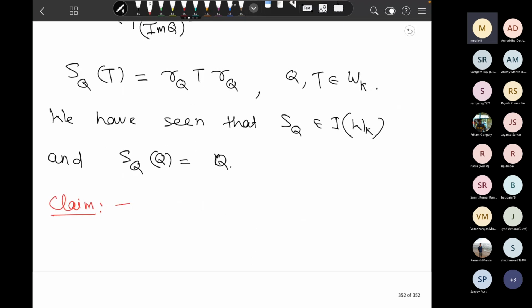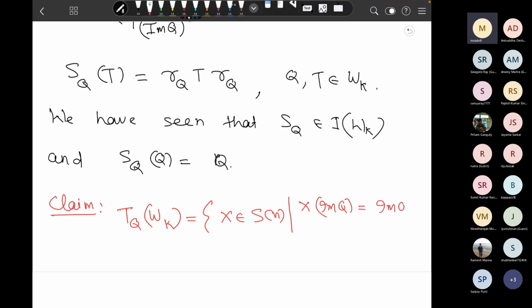So claim: T_Q W_K is equal to the set of X belonging to S^n such that X of the image of Q is contained inside the image of Q perp, and X of the image of Q perp is contained inside the image of Q. So this is the tangent space of W_K at Q.